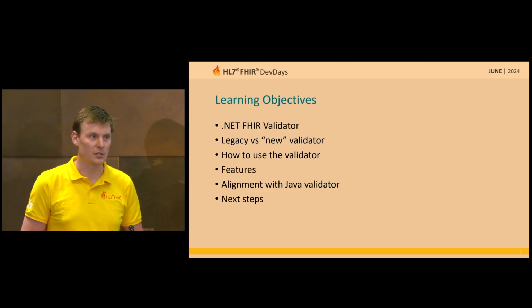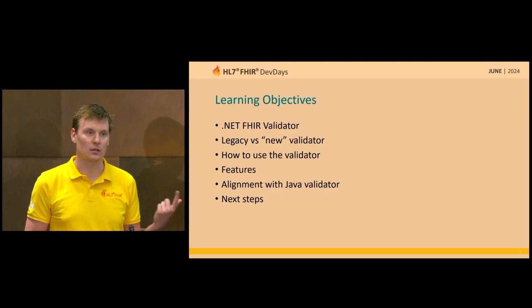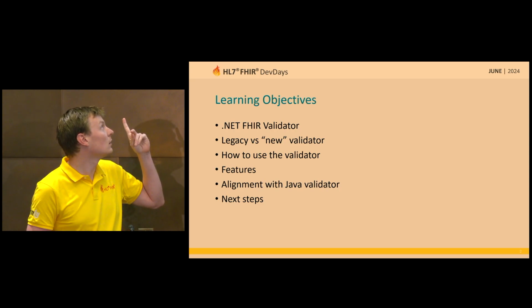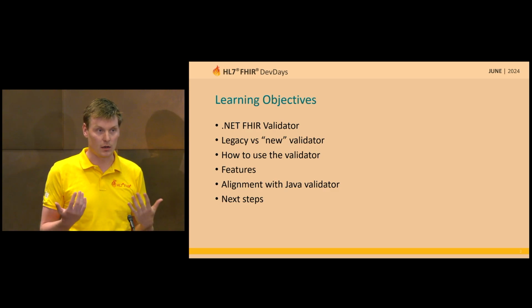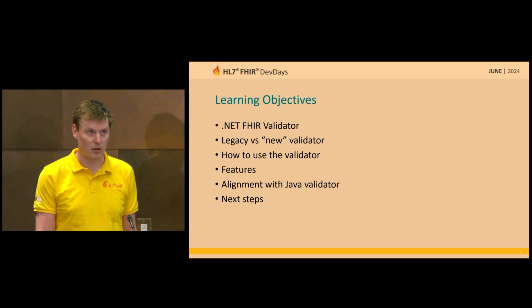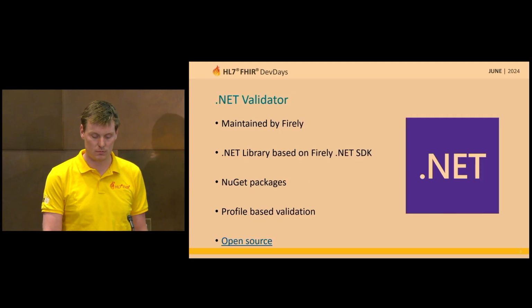We discuss some features about the validator that we have, how to use those, and why you would or wouldn't use them. And then I'm going to talk to you about, slowly or quickly, how we align with the Java validator, which is out there, and how we are supposed to make those two work together or have better alignment, so that we have the same outcomes doing the same validation. And last of all, I'm going to talk about next steps.